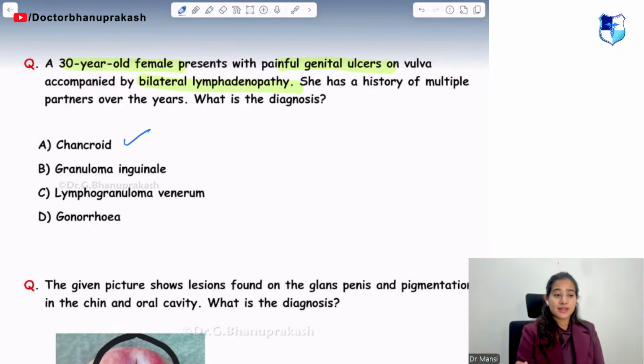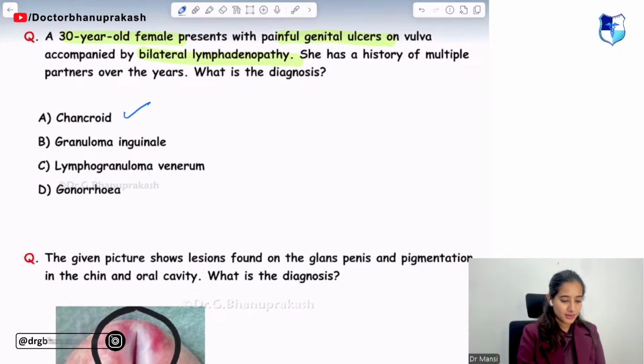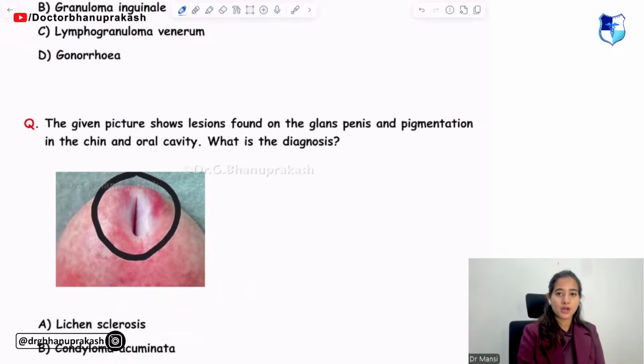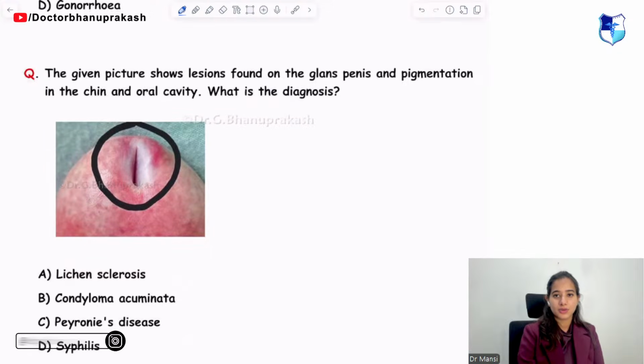Most of you are giving the right answers. It is chancroid. If you can't recollect the information, you just need to revise your dermatology RR session one more time.